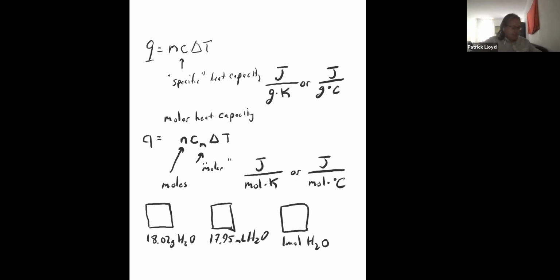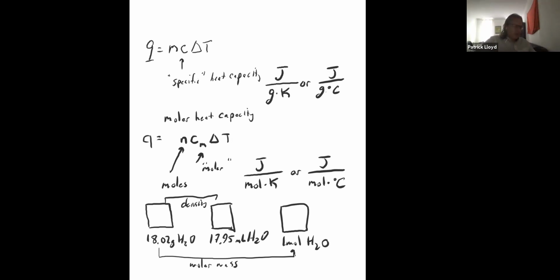In fact, these two are pretty directly connected through the molar mass, right? That's all you got to do. How are these two connected? These are connected by the density, right? So if you know the mass and you want to find the volume, you use the density. If you have the mass and you want to find the moles, you use the molar mass, right? So there are different ways of saying how much stuff you have.